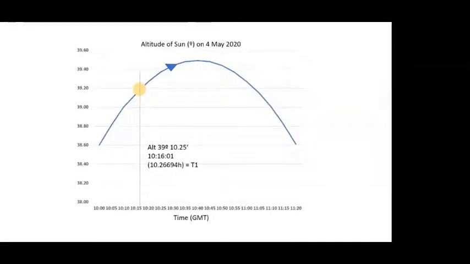On the 4th of May at 10 hours GMT, somebody measured the altitude of the sun and it was found to be 39 degrees 10 minutes.